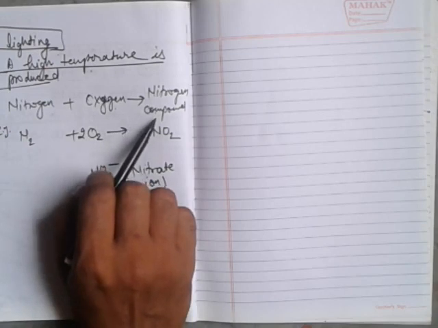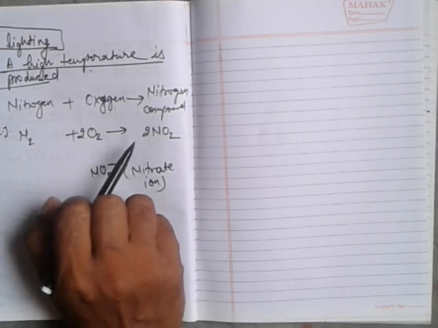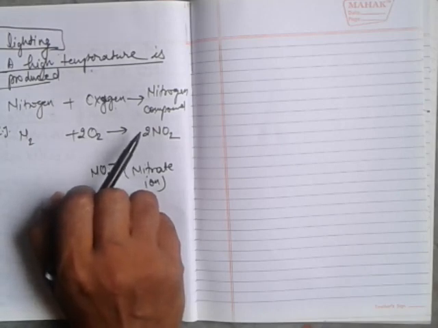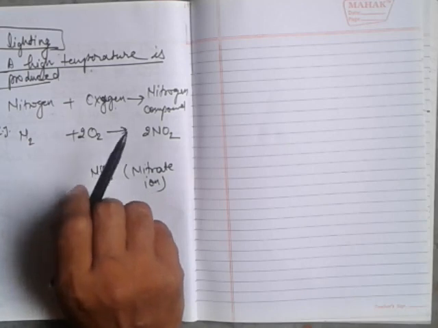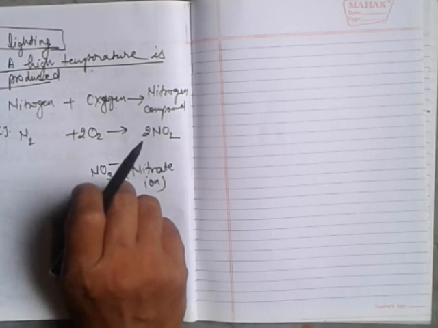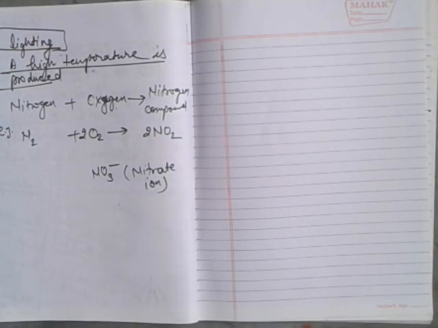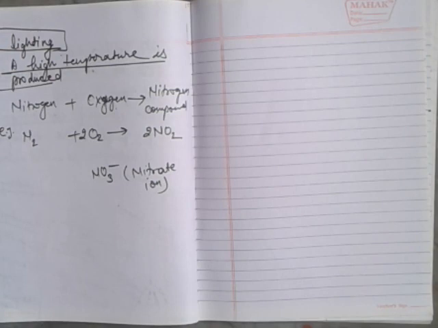And this nitrogen compound comes to the soil with the rainwater, and in this way the nitrogen easily goes into the soil and plants get the nitrogen from the soil with the help of their roots.